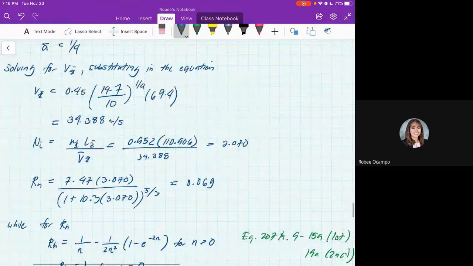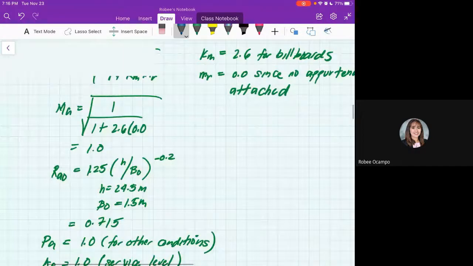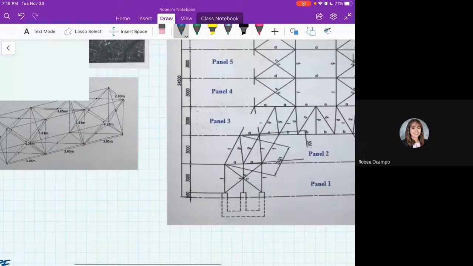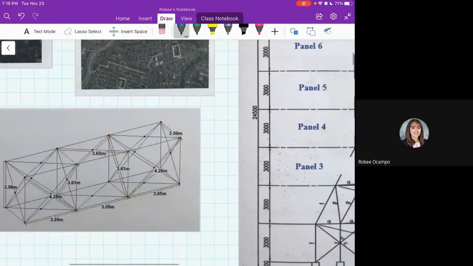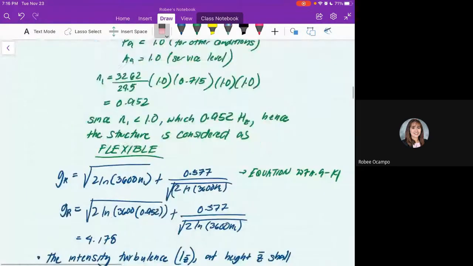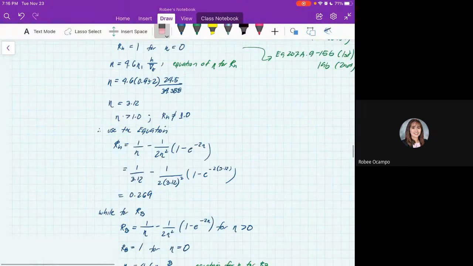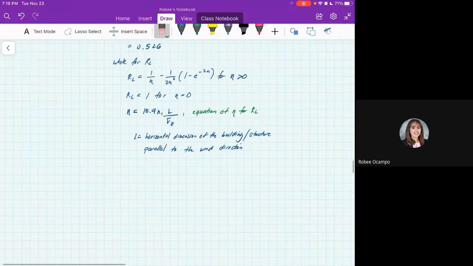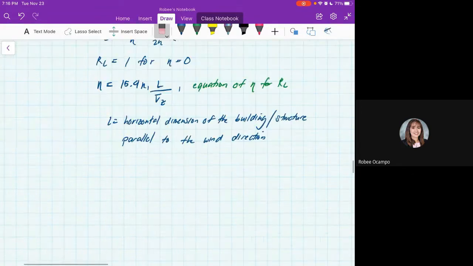Okay, ito yon. So dahil parallel itong member na to sa wind direction, yun yung gagamitin nating value for our RL. So our L will be 2.0 meters.